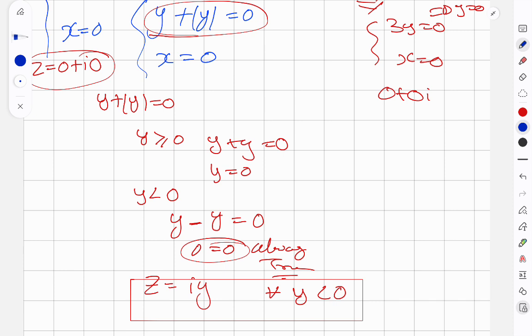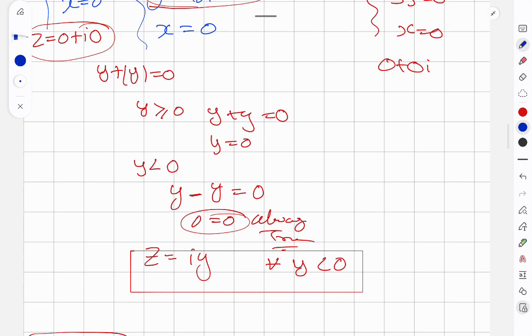If your x is negative, you get minus of x. If you take minus of x, again it will be positive. So here you have to check like this.